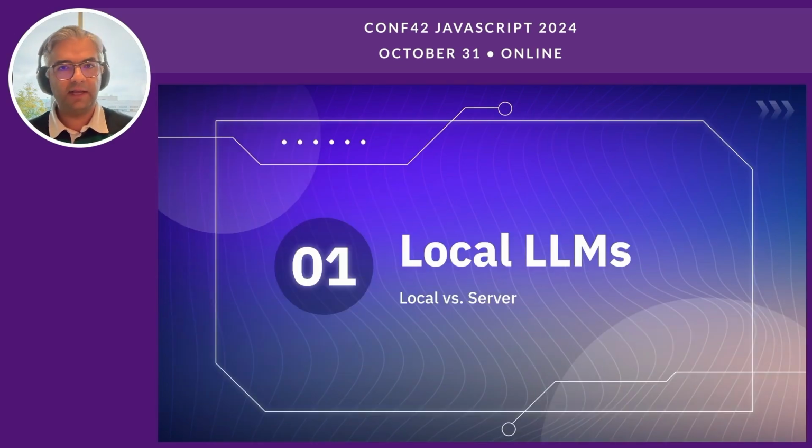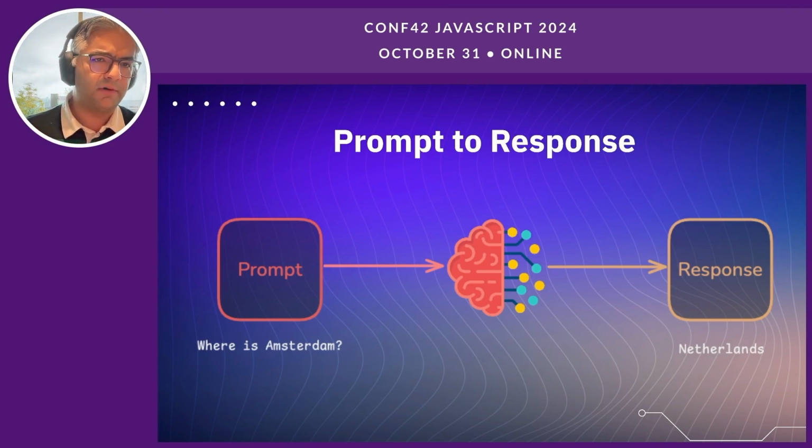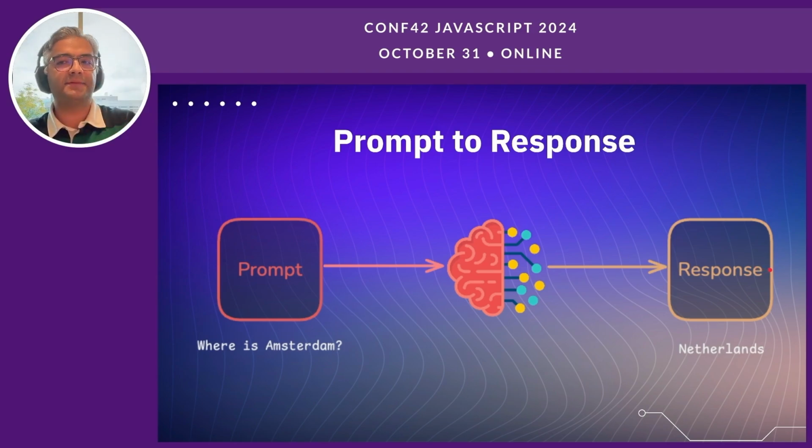So let's start with local LLMs. Let me define LLM in simple words. LLM is so simple. We have a prompt, like, where is Amsterdam? It goes to the LLM and then it gives us a response: Netherlands, right? Converting a prompt to a response using an LLM is what we are going to use.